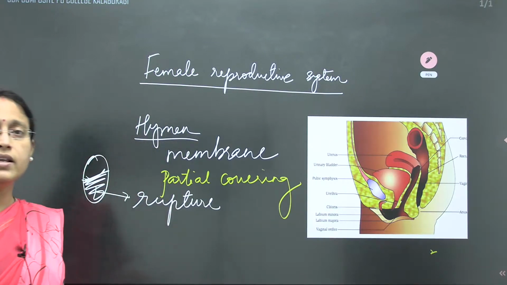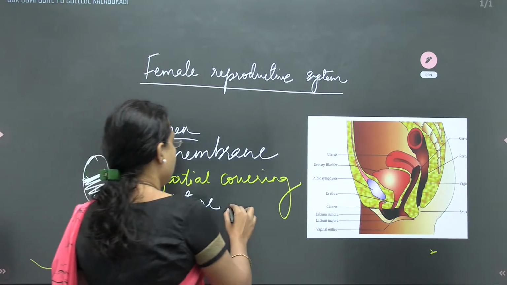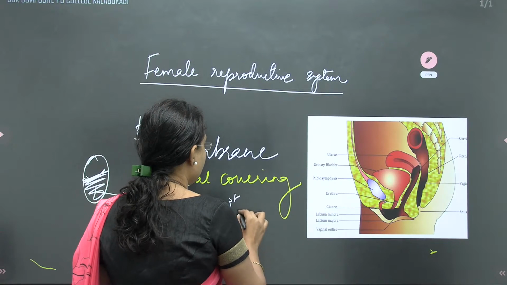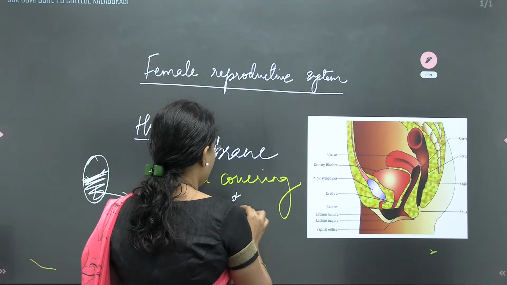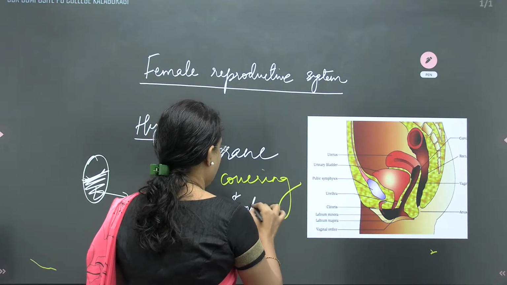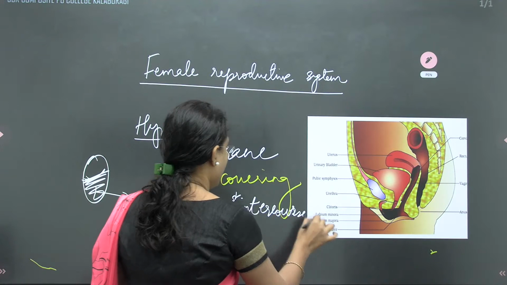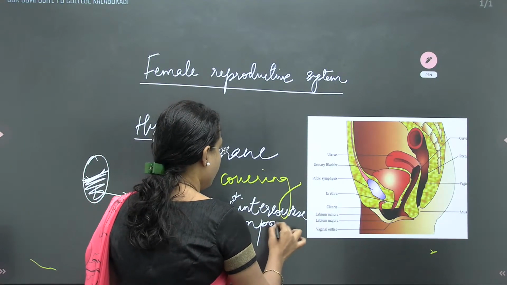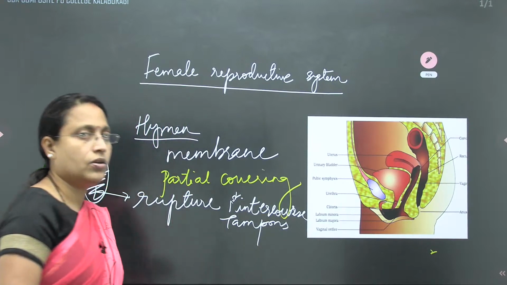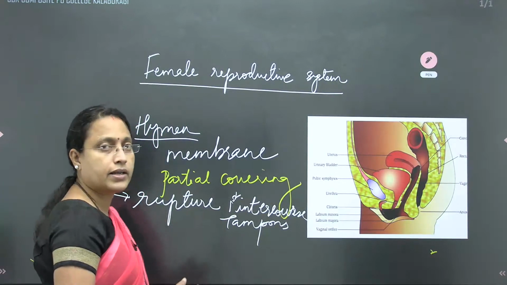There are different reasons why it can rupture. It can break in the first intercourse. It can rupture due to use of tampons, which are the sanitary tampons.